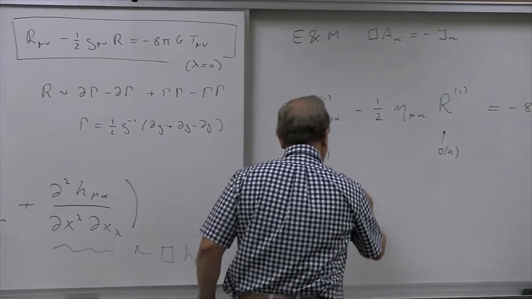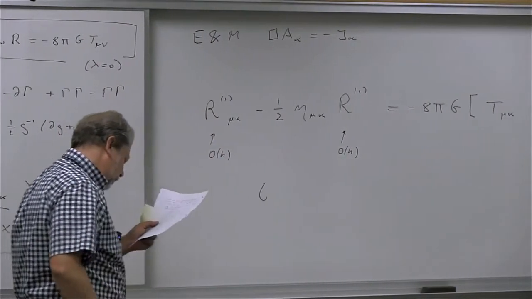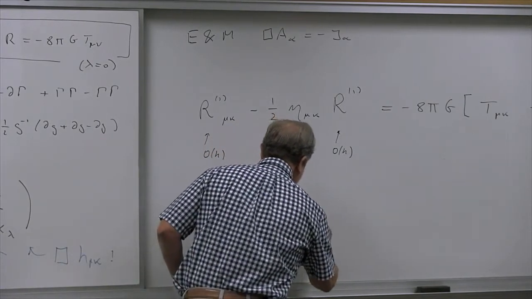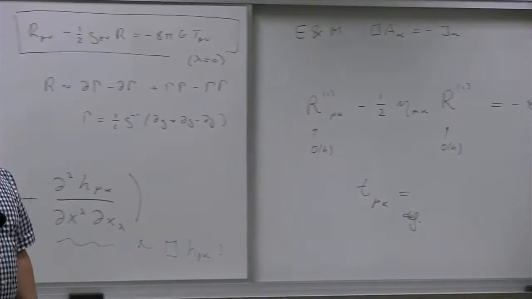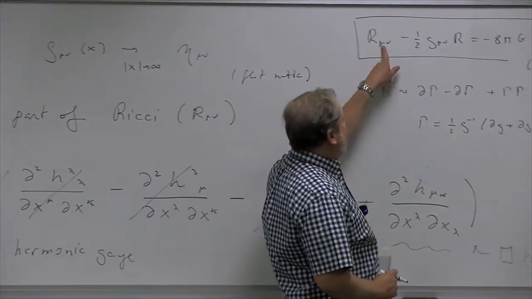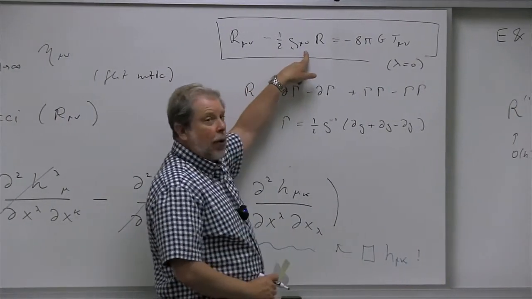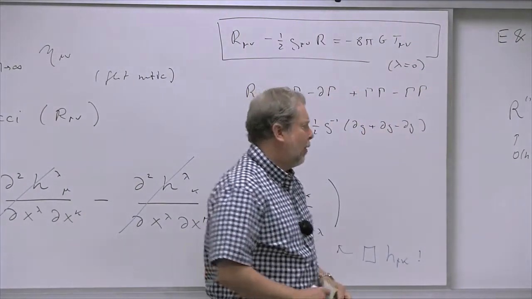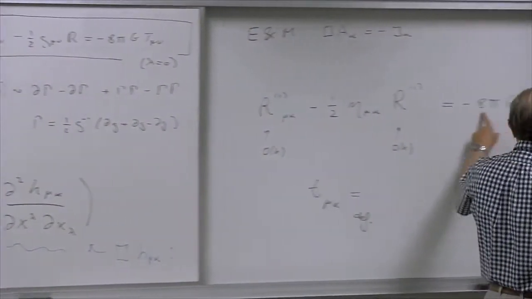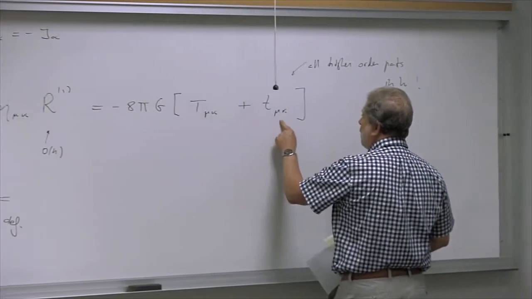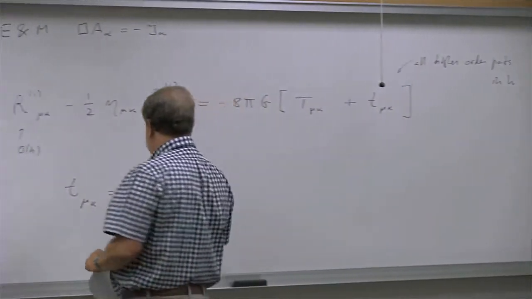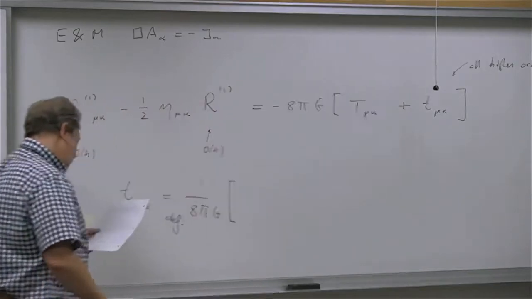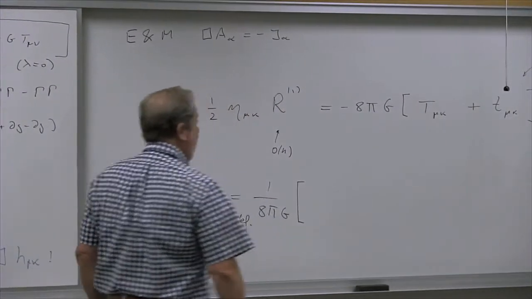So what are they? Well, T mu nu, or T mu k, is defined to be everything that we left out. So in other words, everything on the left-hand side of the field equation that is not of order h, we're just going to move over to the other side. And when we move it over, we are going to have a G in front, so we better divide out by G here. So we have that this is equal to 1 over 8 pi G times everything else that we left out.